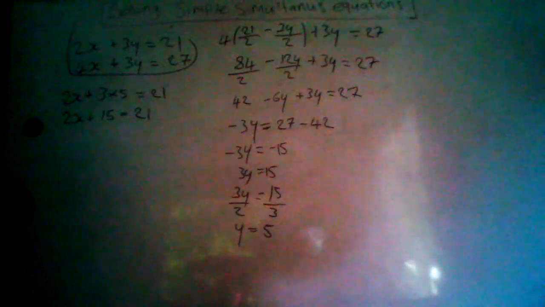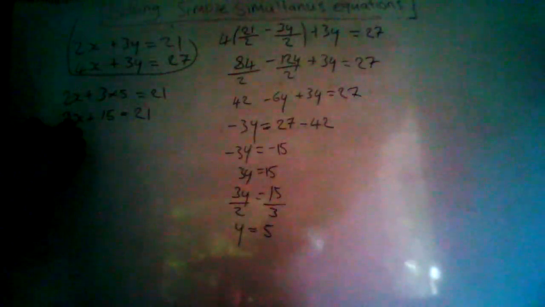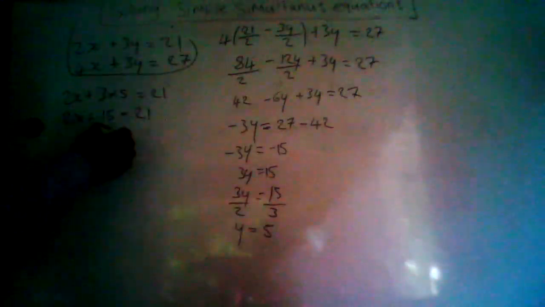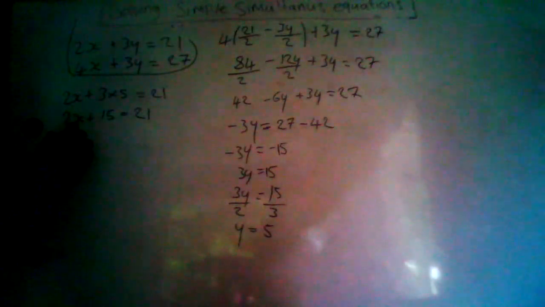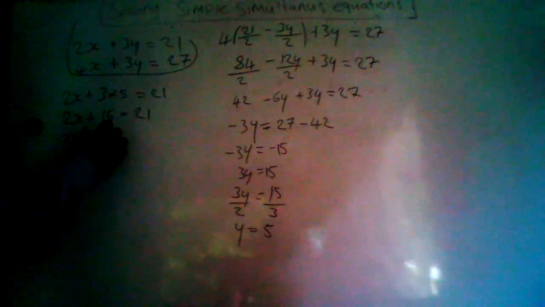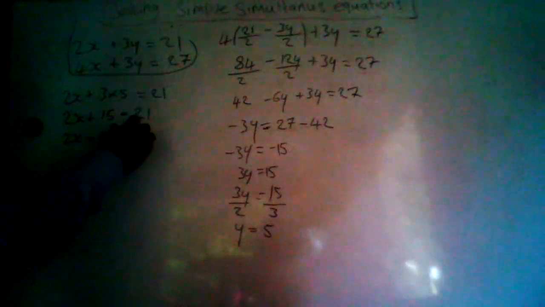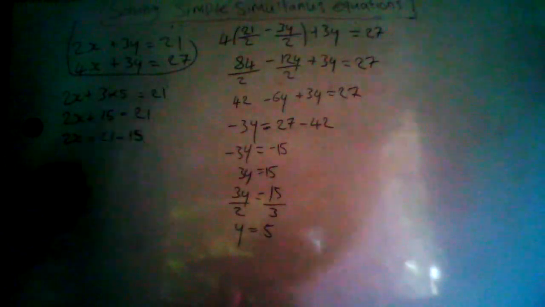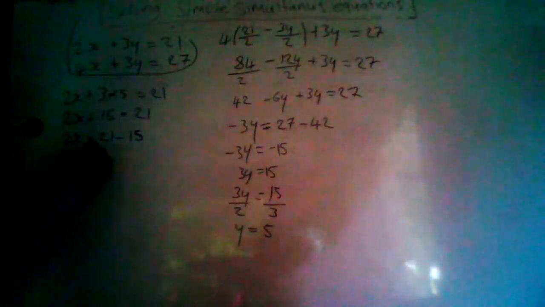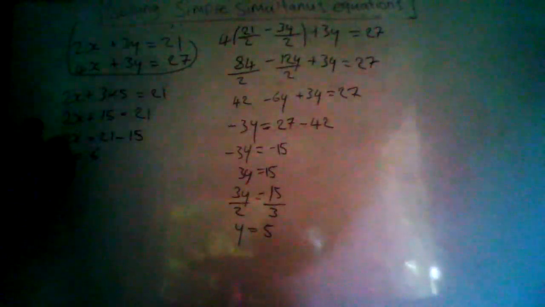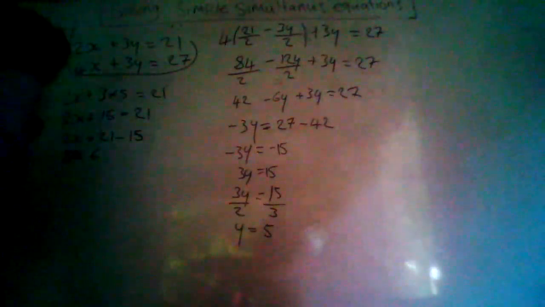I don't want to miss any step. So therefore now I'll have 2x equal 21 minus 15. So 2x will be equal to 6.